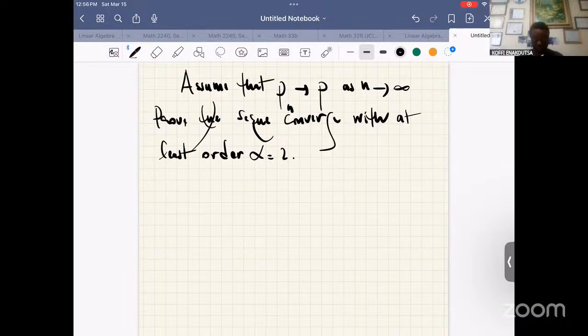Okay, so we wanted only to show that the convergence is greater than or equal to, the smallest one being 2. So it's just enough to prove that g prime at p equals 0.